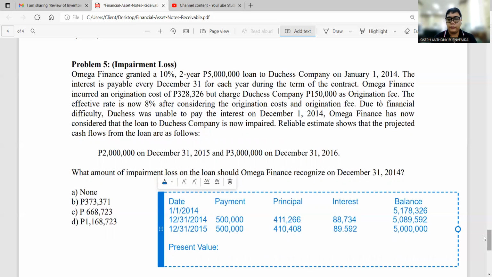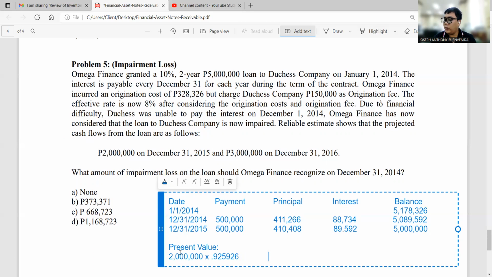So meaning, you try to compute na lang ni. Okay, so 2 million ari na on December 31, 2015, the 2 million. Okay, so times 0.925926.